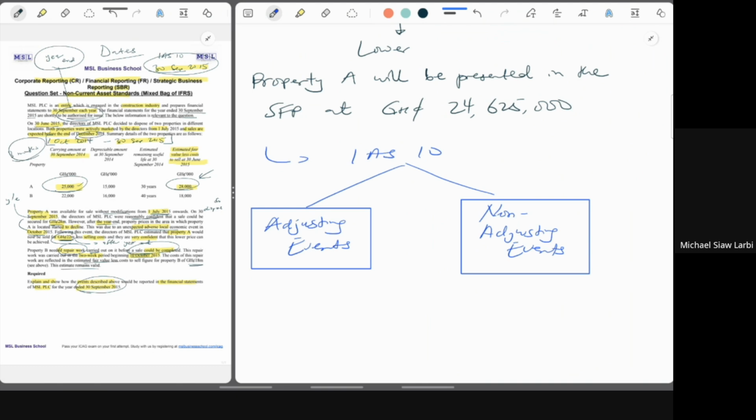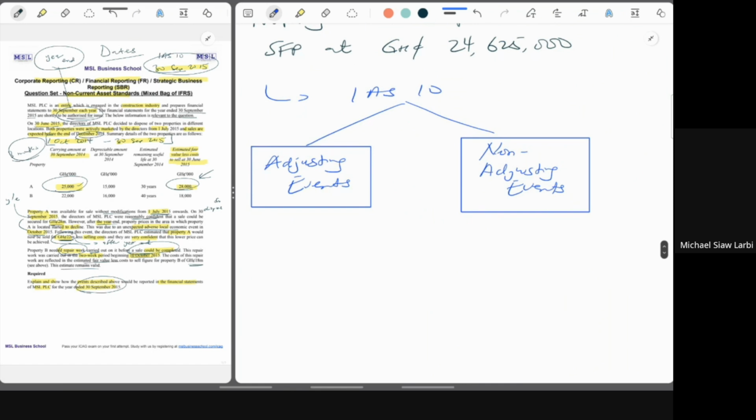In this particular case, see it like this. There was an unexpected adverse local economic event in the period after year end. That led to you beginning to feel that your prices are no longer something you can realize. This does not affect something that existed at year end. It's an economic event that occurred after year end. You had no control over that, right?